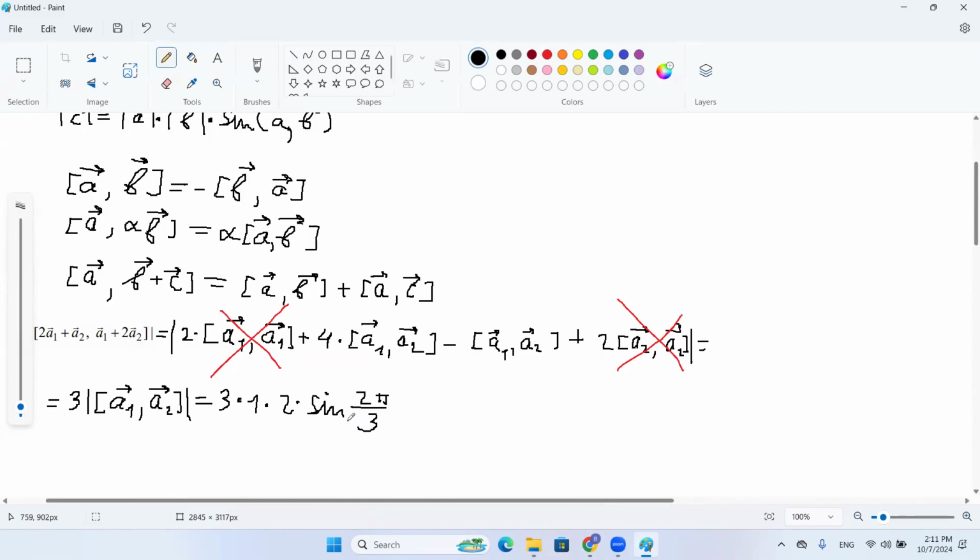So sine of 2p divided by 3. Okay. Probably 45. So maybe square root of 3 divided by 2. Yeah, it's square root of 3 divided by 2. So 3 by 2 by this. And we have 3 square roots of 3.